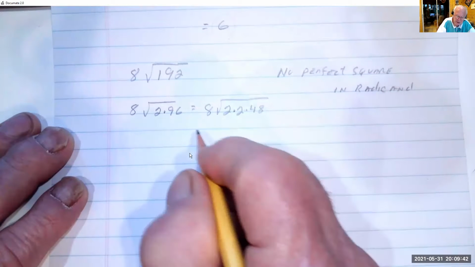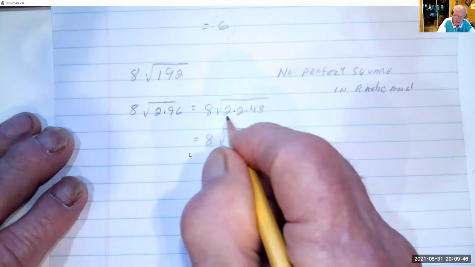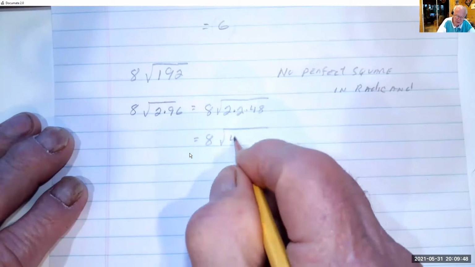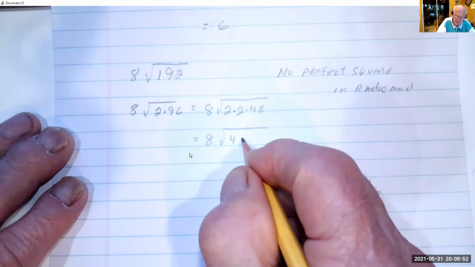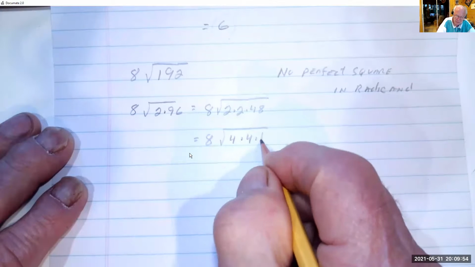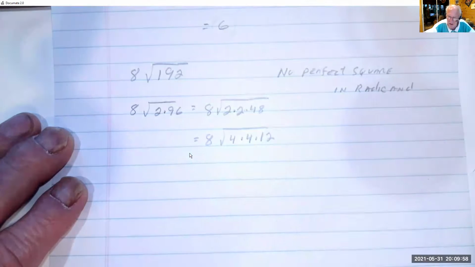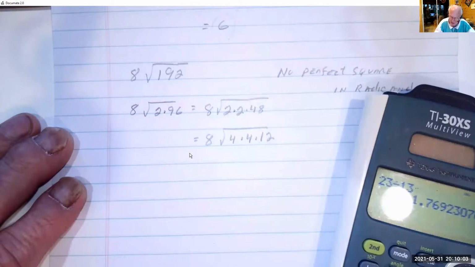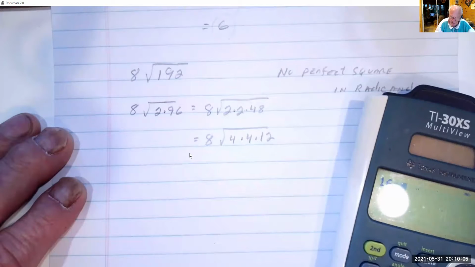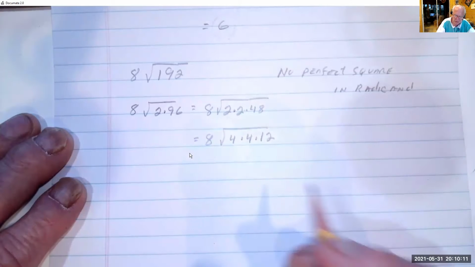But I can see that factors further. So I'm going to write this 2 times 2 is 4. But 48 is 4 12s. And I believe that 16 by 12, and I'm just going to double check it, is 192. But just make sure. 16 times 12 is 192. So we have factored 192 completely.